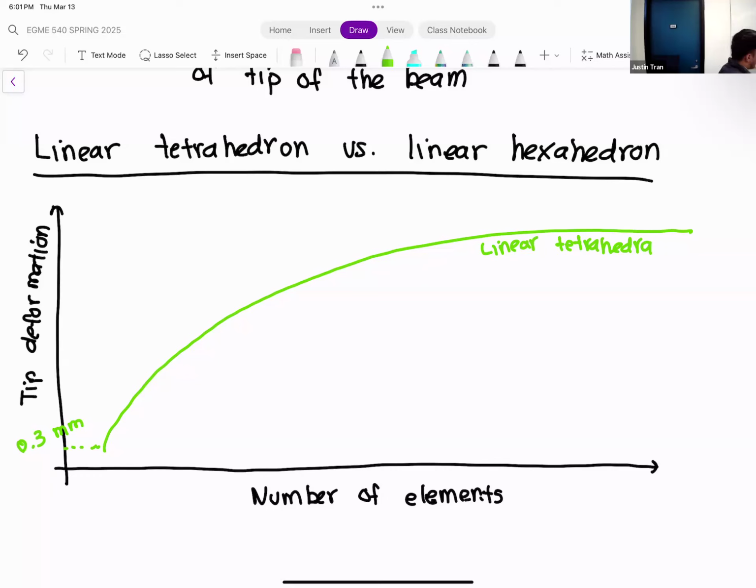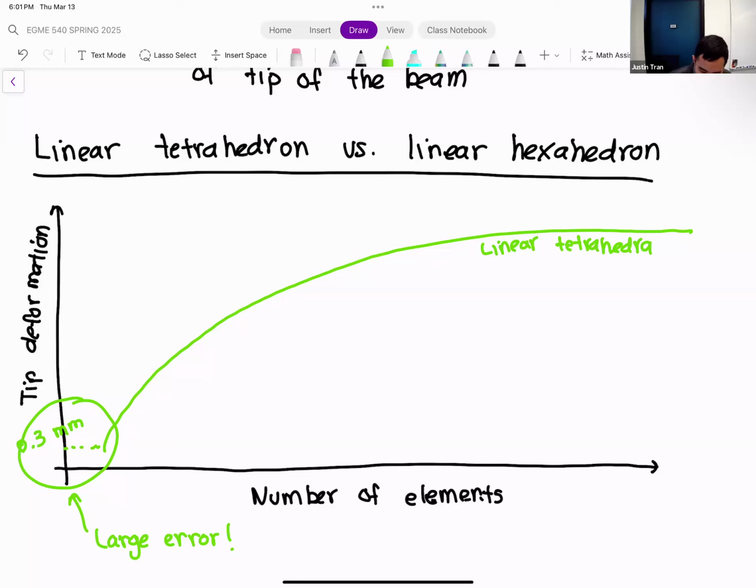So with these, we have a very, very large error. And that makes sense because we know that linear tetrahedra are the simplest element that you can use. There's probably some shear locking going on here, and so it makes sense that we have a large error.